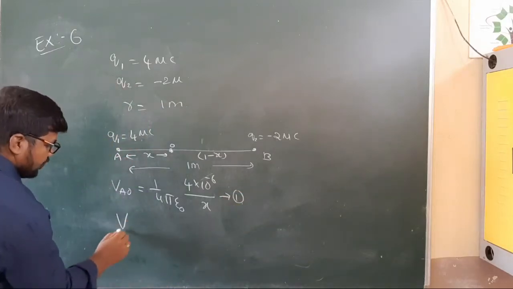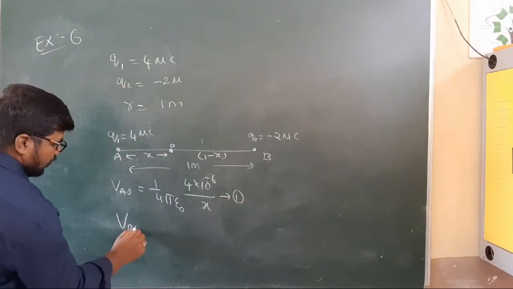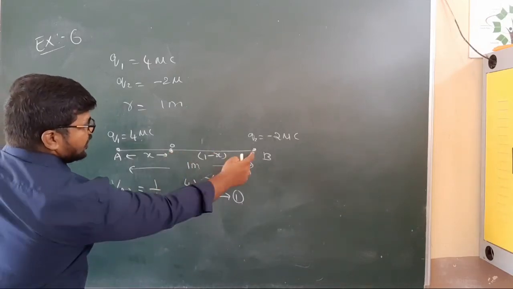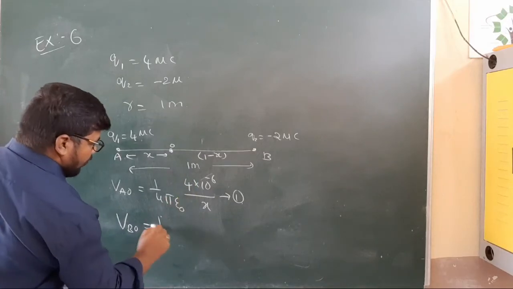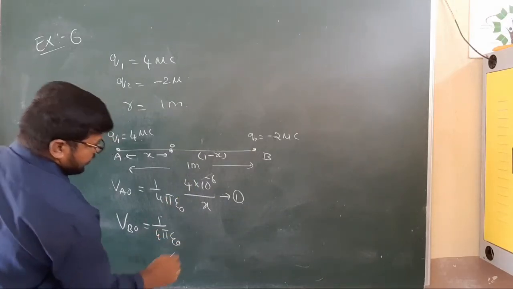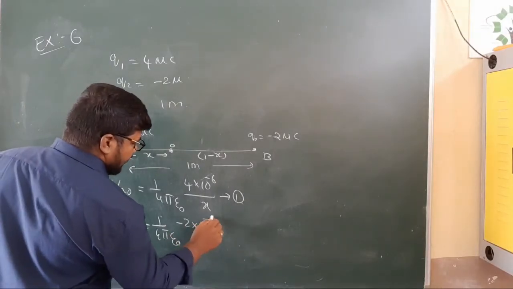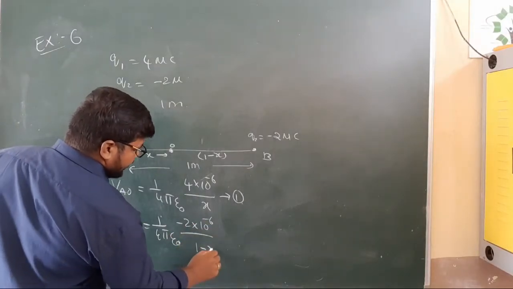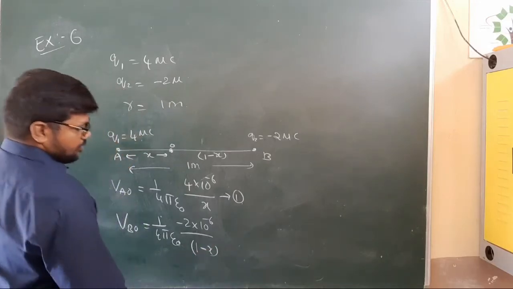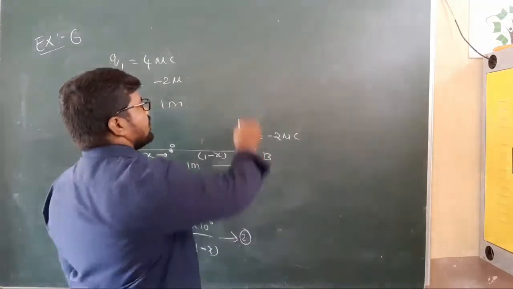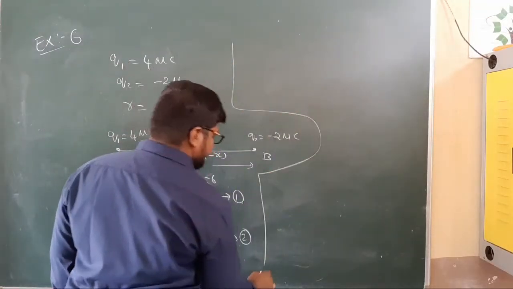Next, V_BO, between the test charge and the other charge, is 1 by 4 pi epsilon naught, minus 2 into 10 power minus 6 divided by 1 minus x. This is equation 2. The condition is that the sum of the electric potentials is 0.